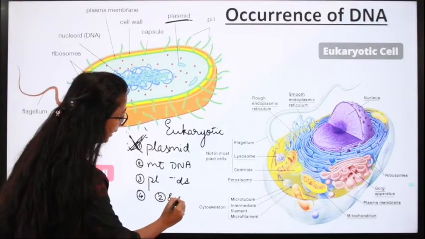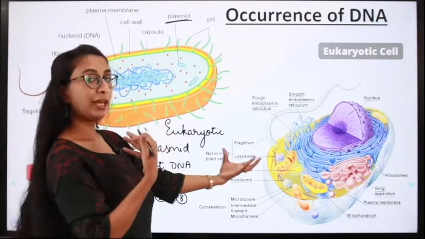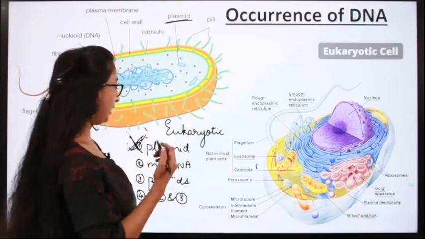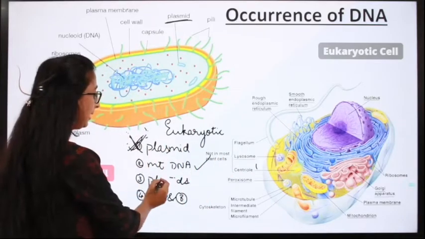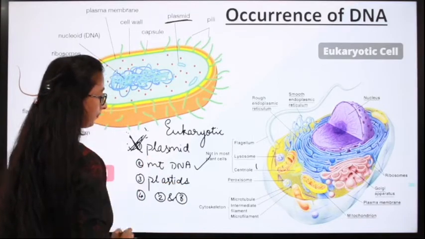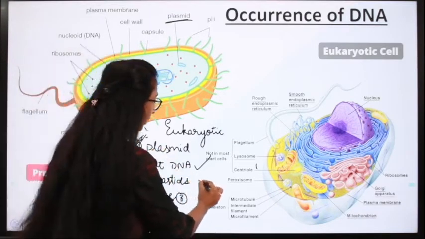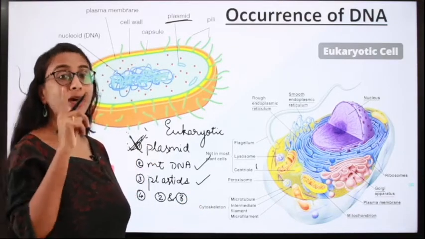Both 2 and 3. That is, here we know that in a eukaryotic cell, extra chromosomal DNA is present in mitochondria. So 2 is the right answer. And it is also present in plastids. Right? So the second one is right and the third one is also right. However, you can have only one right answer.